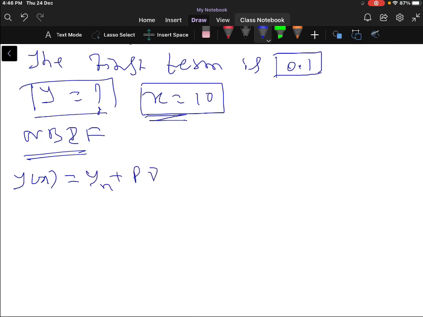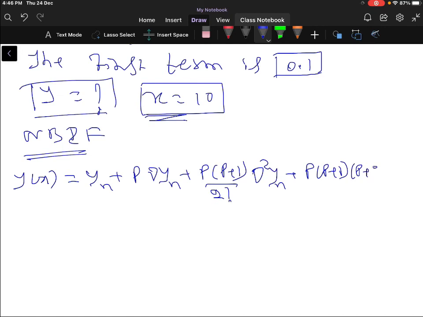We have Newton's backward interpolation formula, that is y of x is equal to yn plus p into nabla yn plus p into p plus 1 by 2 factorial into nabla square yn plus p into p plus 1 into p plus 2 by 3 factorial into nabla cube yn, and so on.